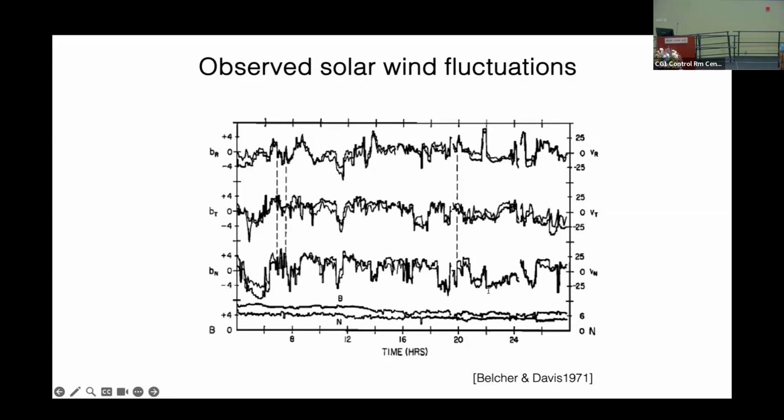For each component, there are two lines, one representing the magnetic field, renormalized, and the other line for the velocity field. Now, take a look at this plot. Is there anything that rings a bell? Yes, so it's the Alfvén waves.